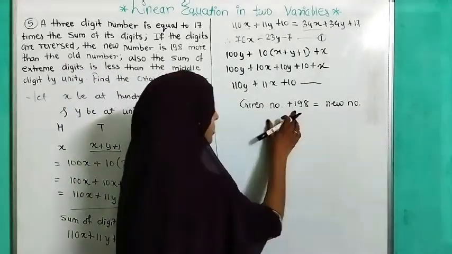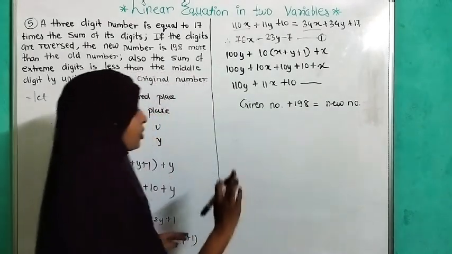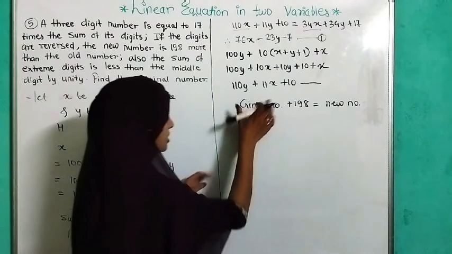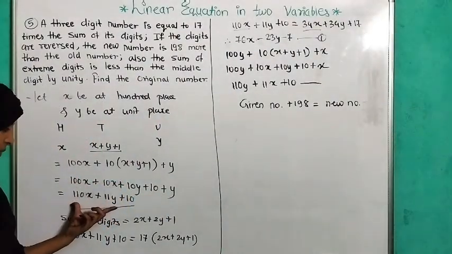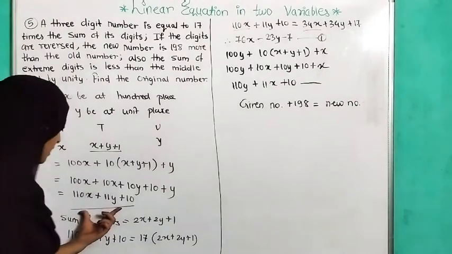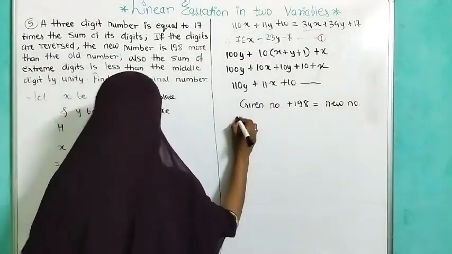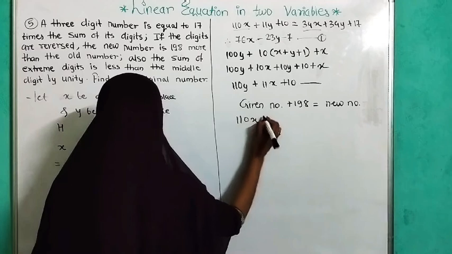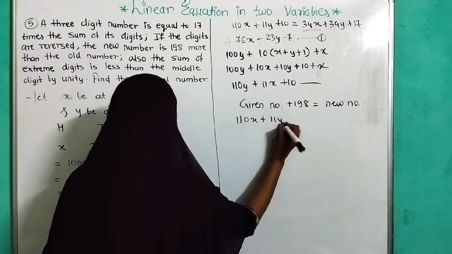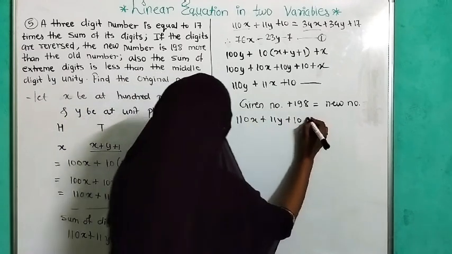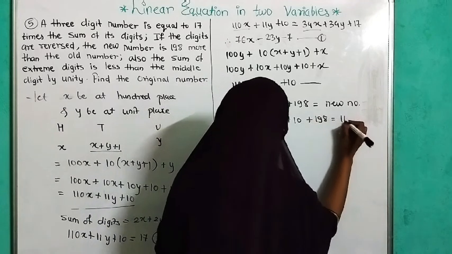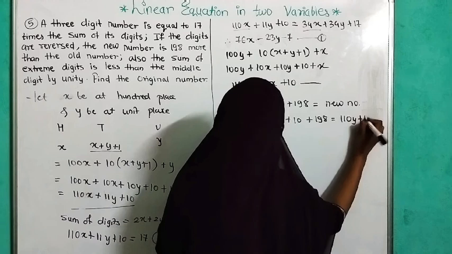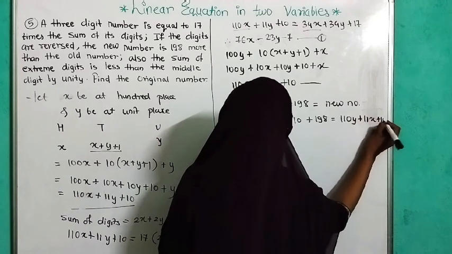This is the new number and this is the given number, so we write here 110x plus 11y plus 10 plus 198 is equal to 110y plus 11x plus 10.